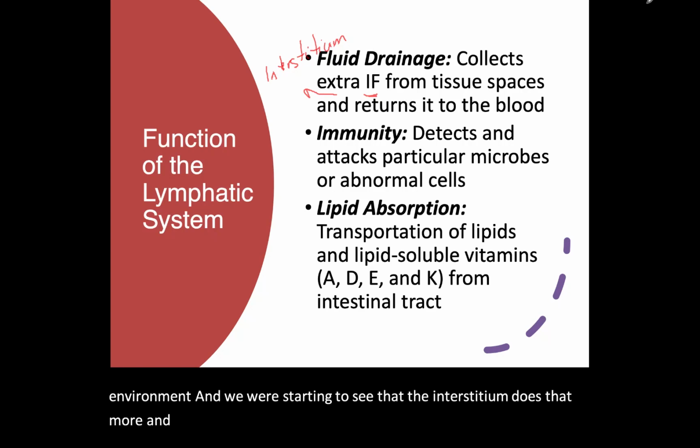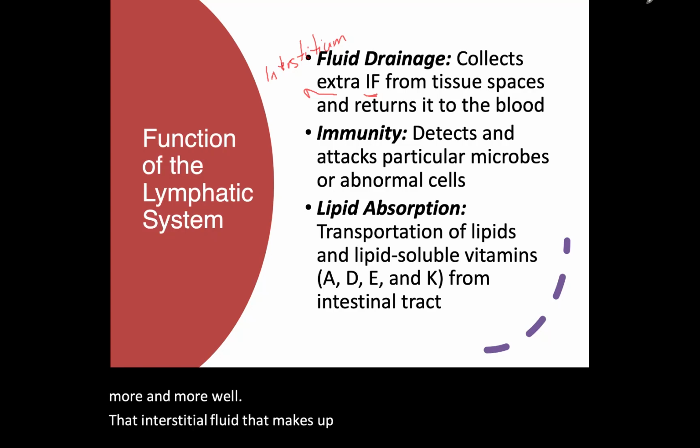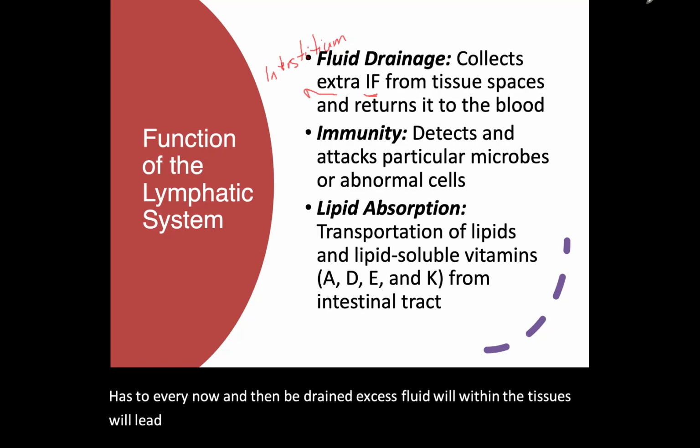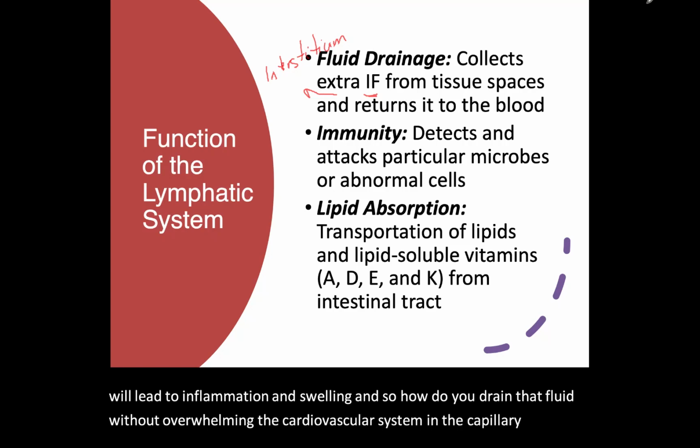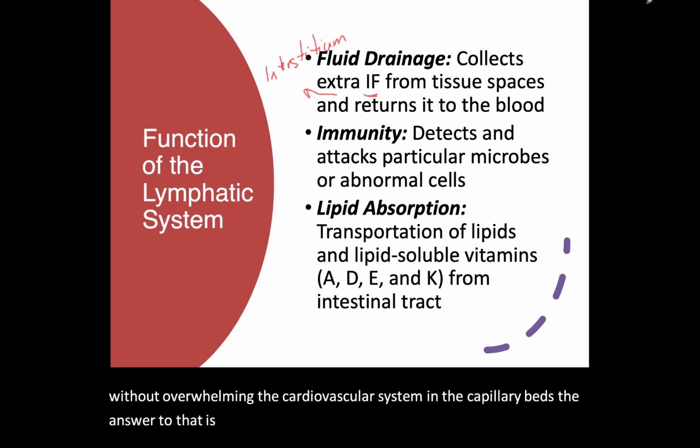Well, that interstitial fluid that makes up the interstitium that is bathing our tissues has to every now and then be drained. Excess fluid within the tissues will lead to inflammation and swelling. And so how do you drain that fluid without overwhelming the cardiovascular system and the capillary beds? The answer to that is lymphatic capillaries and the lymphatic ducts.